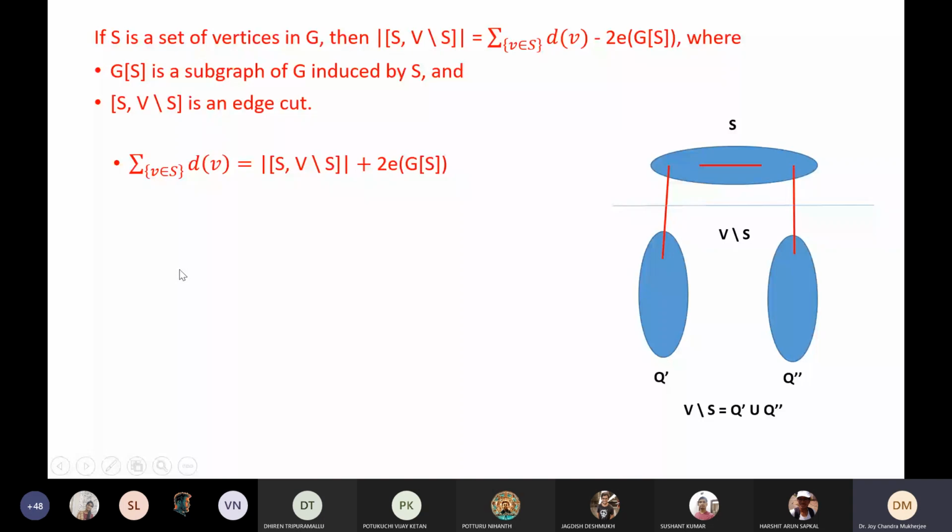Now we have to look at the degrees of the vertices in S. So we have to take what are the edges.